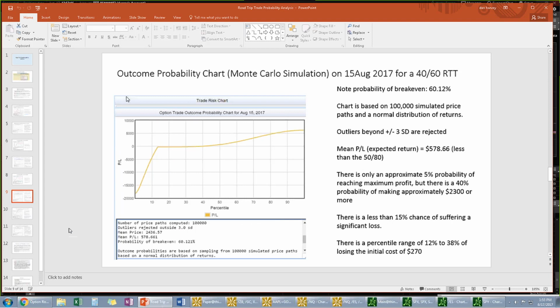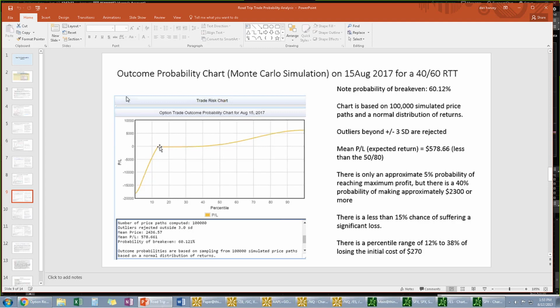And then when you do the Monte Carlo simulation, you get a slightly lower expected return by a couple hundred dollars, but basically everything else is about the same. You have a little more downside risk.